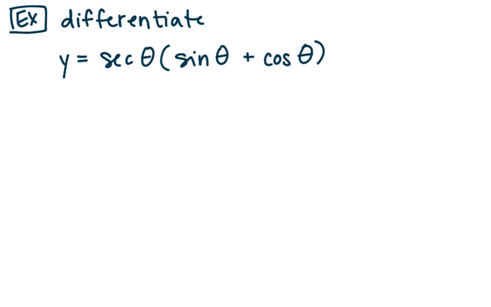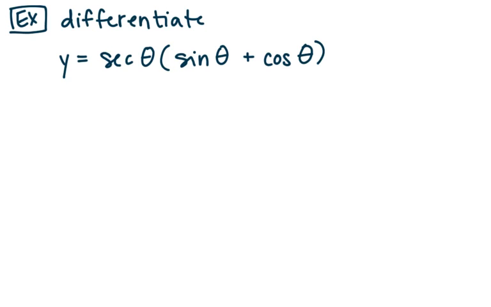Now, most of you would look at this and say, all right, I need to use my product rule, which would be first, secant theta, times the derivative of the second, that would become cosine minus sine, plus the second times the derivative of secant. And the derivative of secant is secant times tangent, secant theta times tangent theta. And that would be perfectly fine. And we end up using a lot of trig and algebra properties to simplify it.